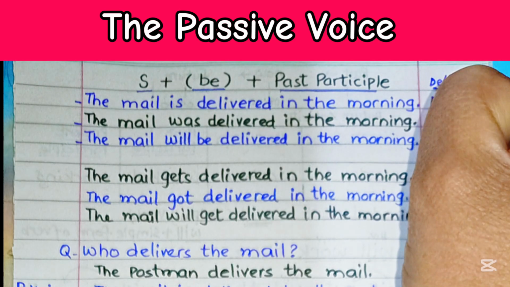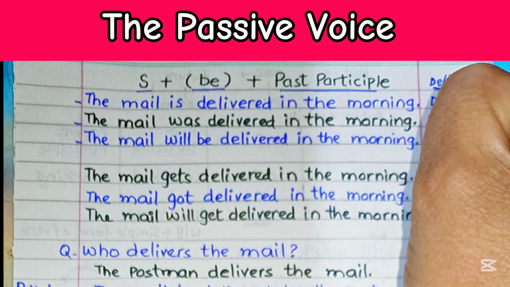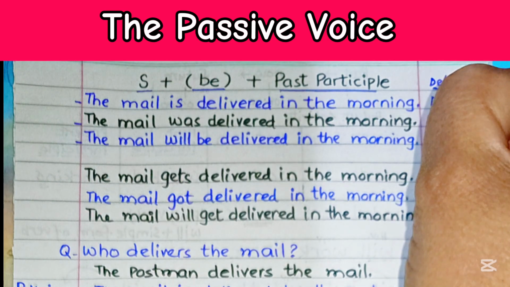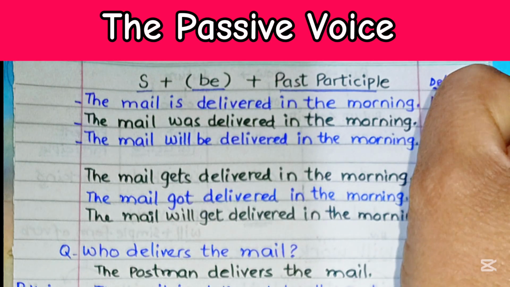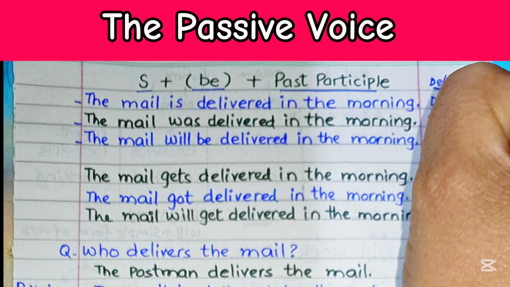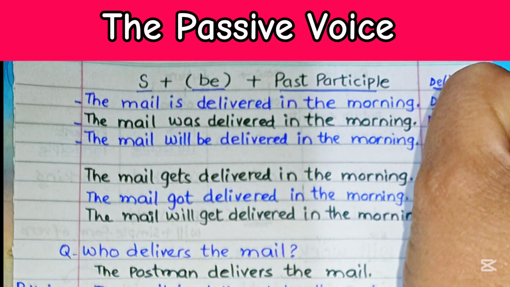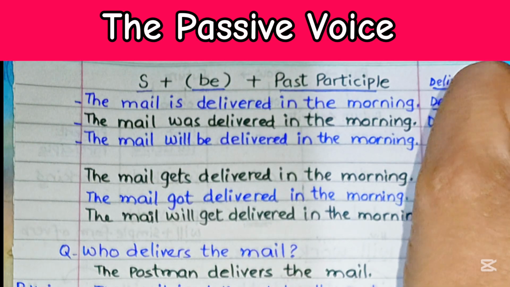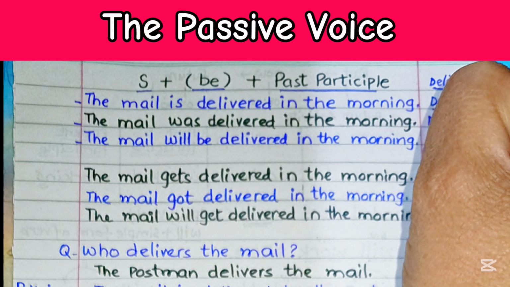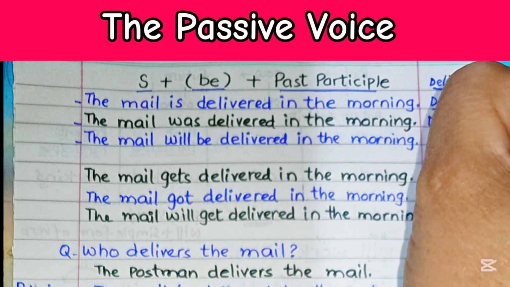The past participle looks like the past tense, meaning the past form of the verb deliver, delivered and delivered. This is not the same thing as the past tense. Past participle is different from the past tense.